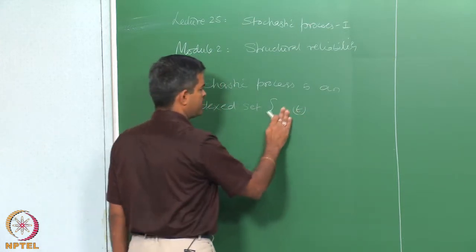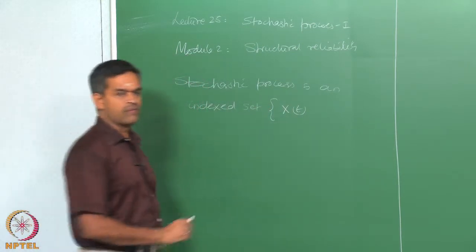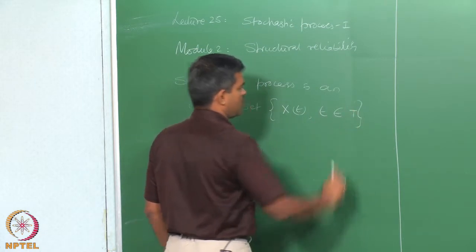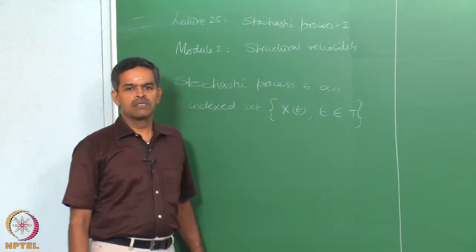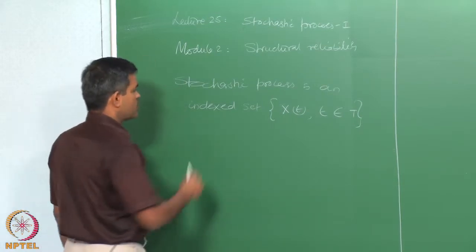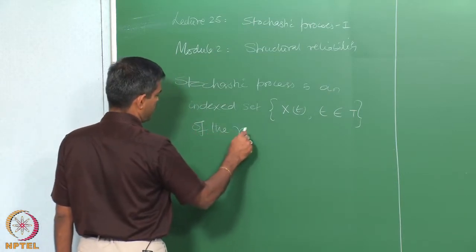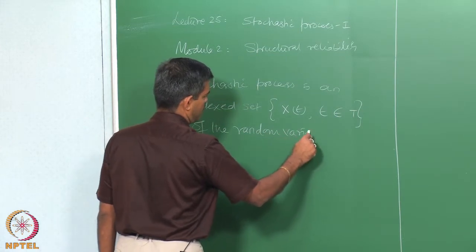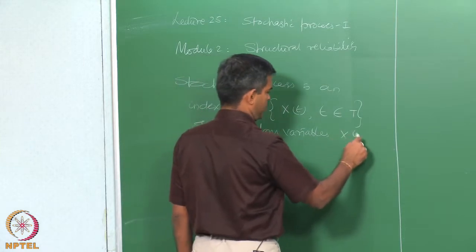Let us say the elements are small x of t and the whole set is X of t, where t is an element of the period of time within which you are estimating the reliability analysis. So, it is a set of x of t of the random variable which we say as X of t.